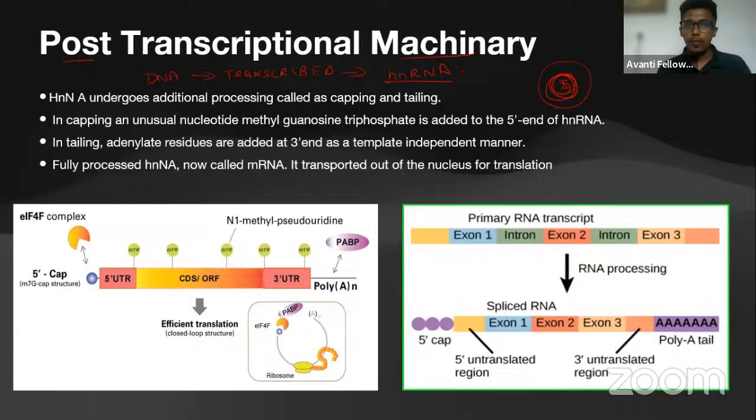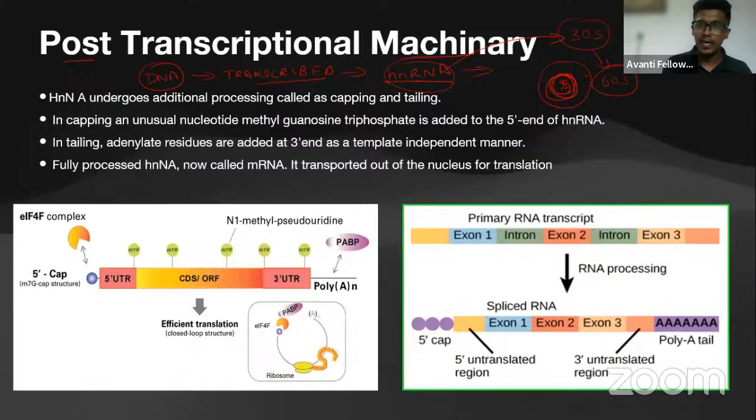First thing, the hnRNA. Let's say that the DNA is being transcribed and we have an hnRNA. Now, if the hnRNA is not modified, it can last only 30 seconds. Maximum 30 to 60 seconds is the maximum lifespan of that particular hnRNA.